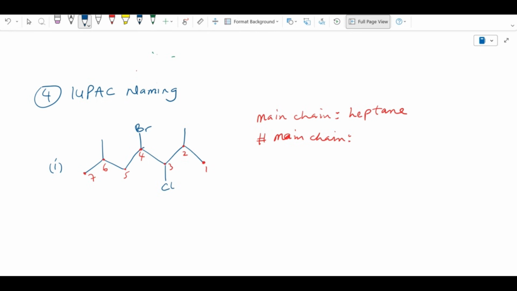The next thing would then be to list the substituents. So we have a methyl group on carbon 2 and carbon 6. Let's list the substituents. So you would have 2-methyl.